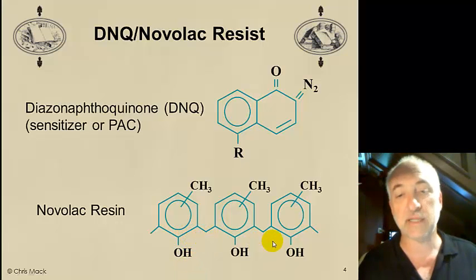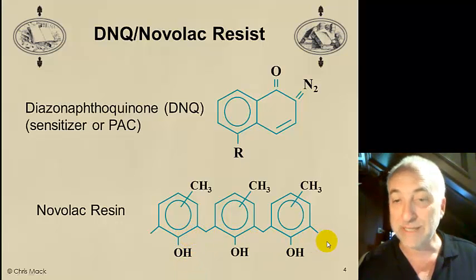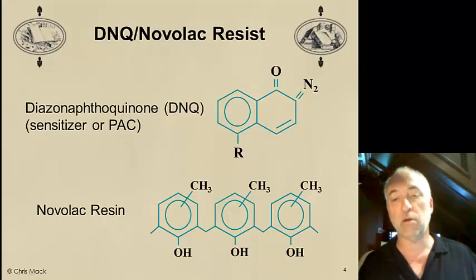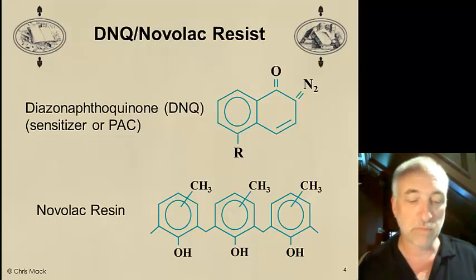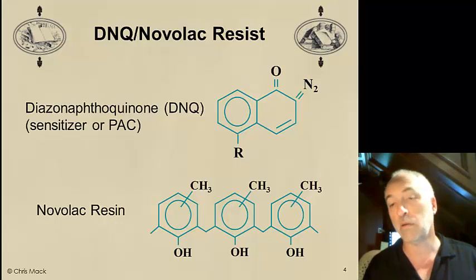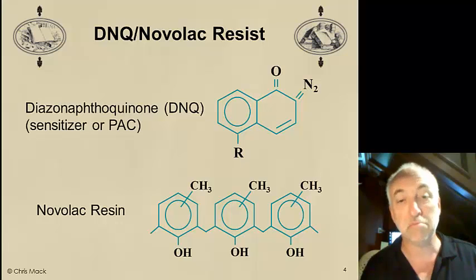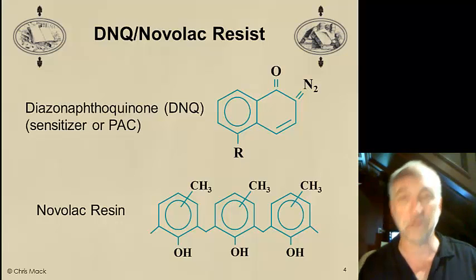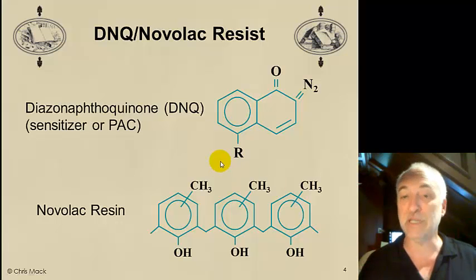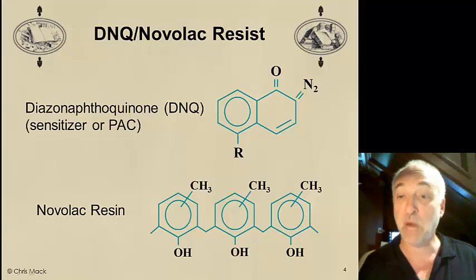And then we connect a bunch of these together to create a chain of phenol molecules called monomers, which form a polymer. Polymer means poly, many, mers, individual units. Monomer is a single individual unit, so this would be one monomer connected to other monomers to create a polymer.